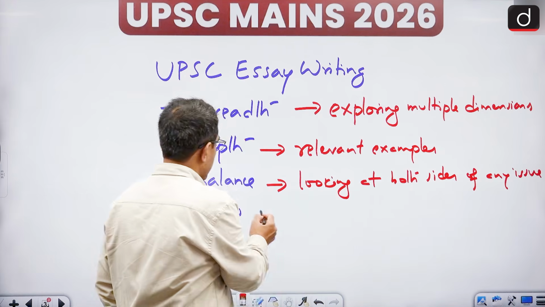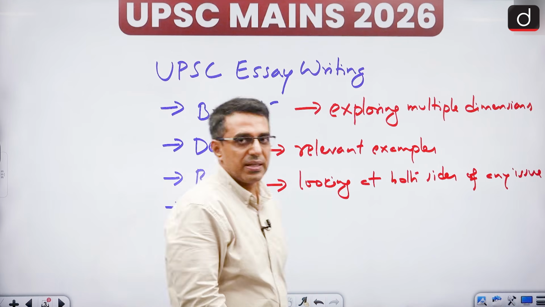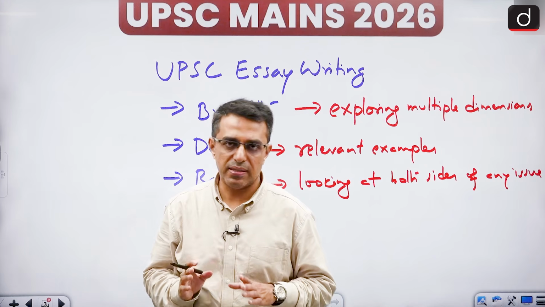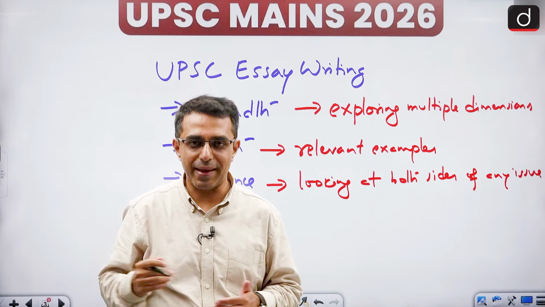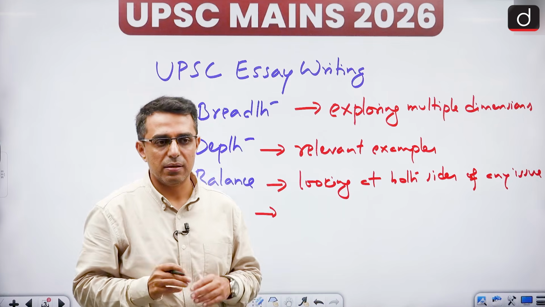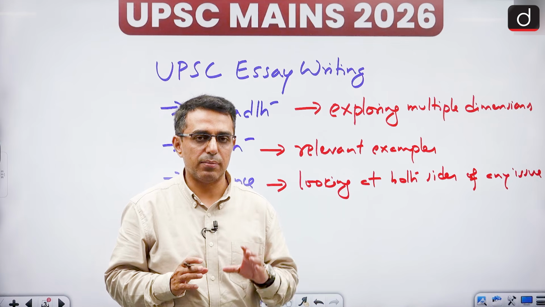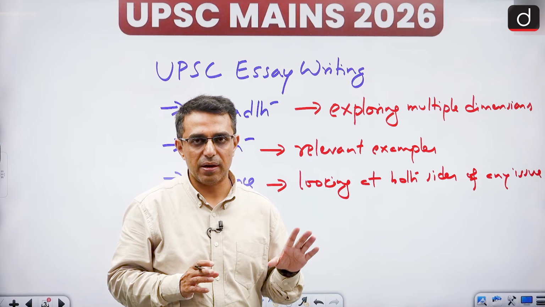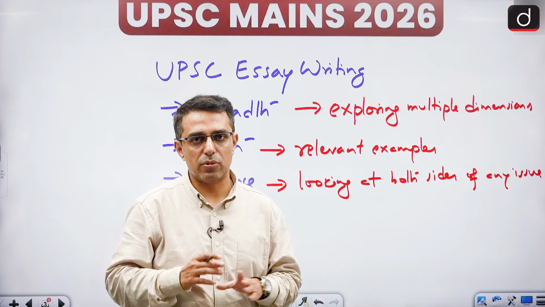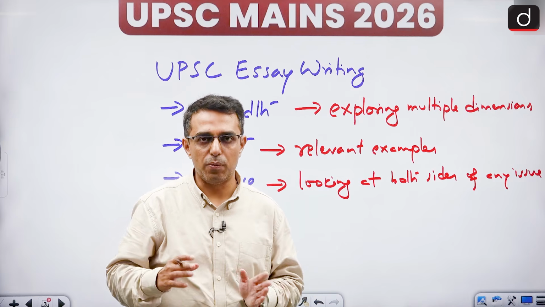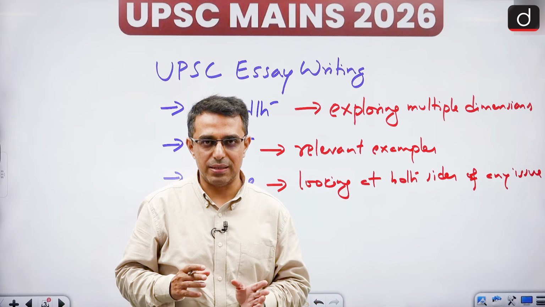And finally, we come to flow. Flow basically means that the essay should read like a story, a narrative. It should not be haphazard. That means something we are saying in the first paragraph, and then suddenly we are moving to some other concept or topic. So there should be a flow, and it should be logically connected.